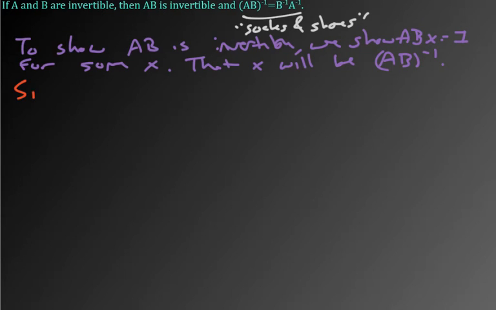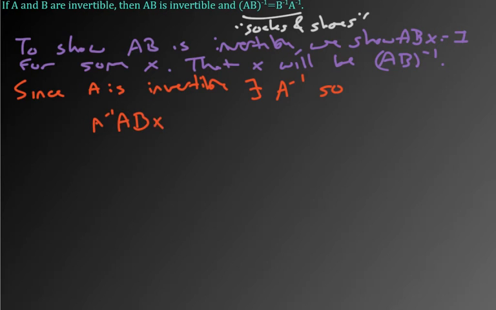So since A is invertible, there exists A inverse. That's what that means. So we could do A inverse ABX equals A inverse I. Okay, so just taking this and multiplying on the left by A inverse.